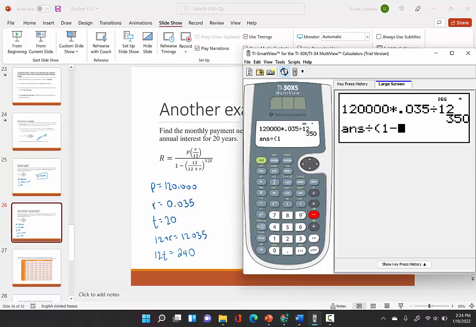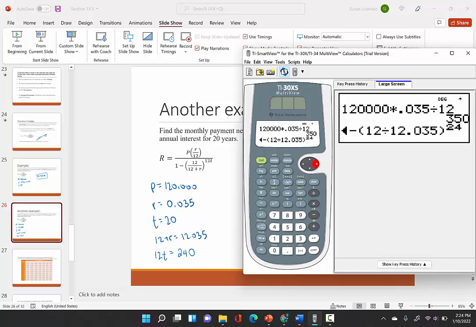1 minus, and then I'm going to open up parentheses, 12 divided by, and remember I'm just typing that sum in, 12.035. I'm going to close that inner parenthesis, the 12 divided by 12.035. I'm raising that to the 240th, and now I'm going to use this arrow key to get it out of the exponent.